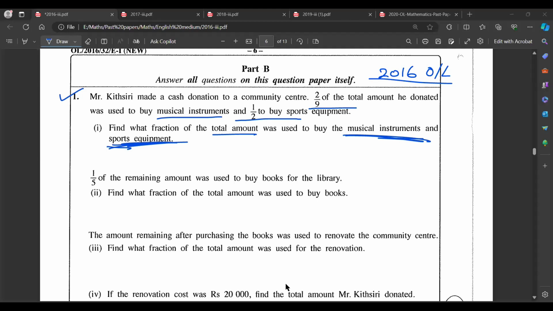So I start from the beginning. 2 over 9 for the total amount donated for the musical instrument. 1 over 2 for the sport equipment.